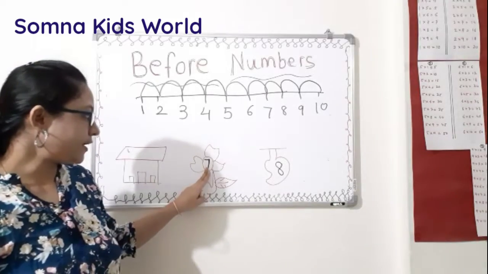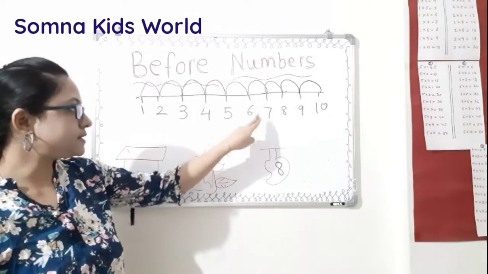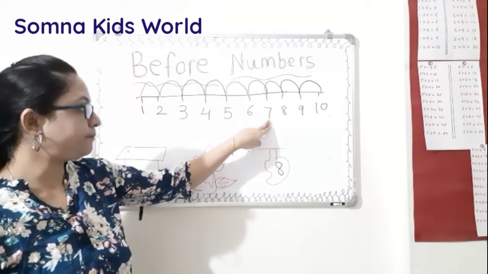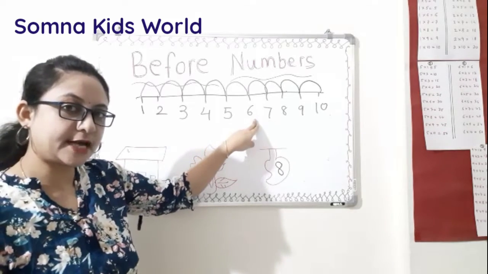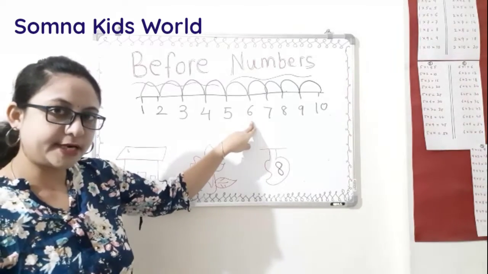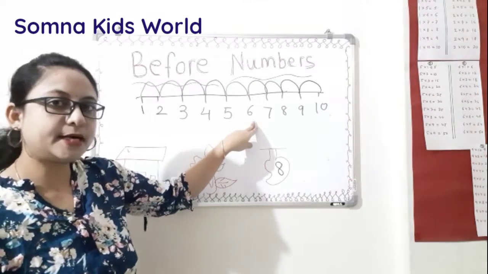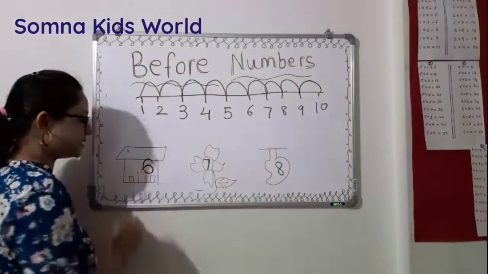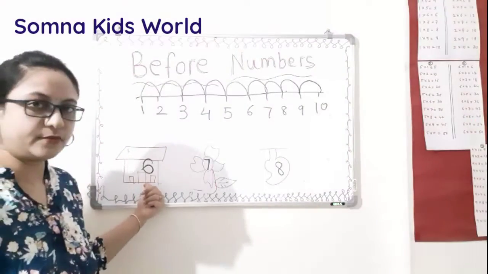Now, if I ask what comes before number 7, you can see the number line here. It's number 6. So you can write here in this house number 6.